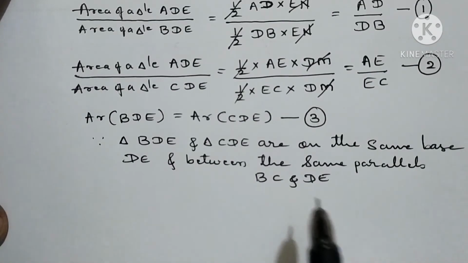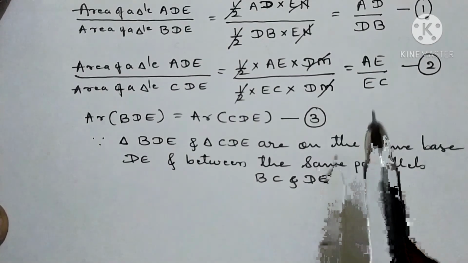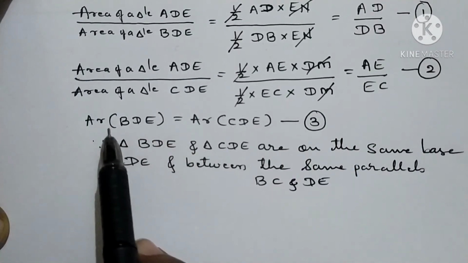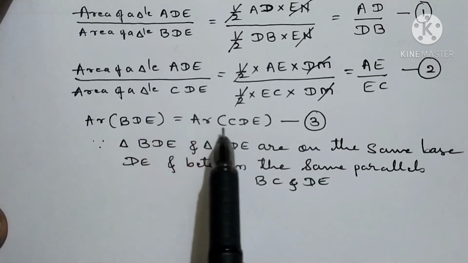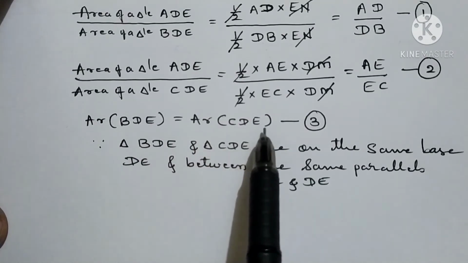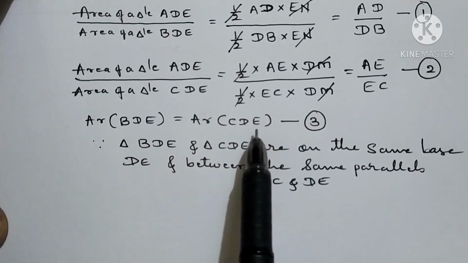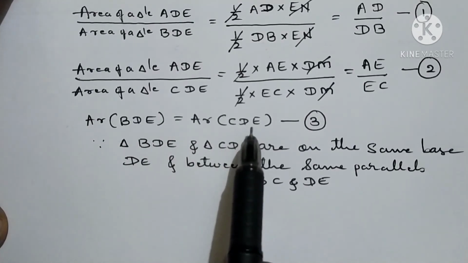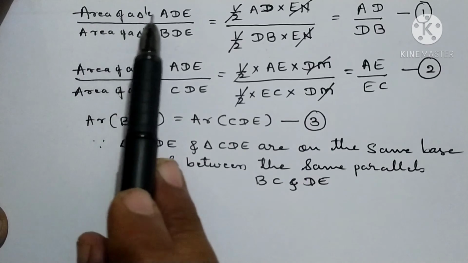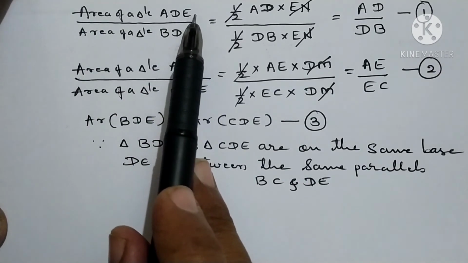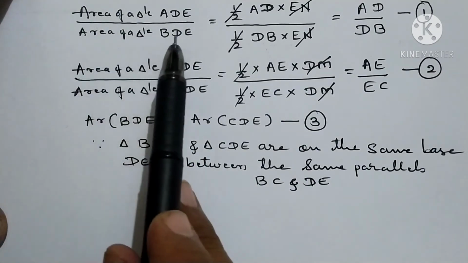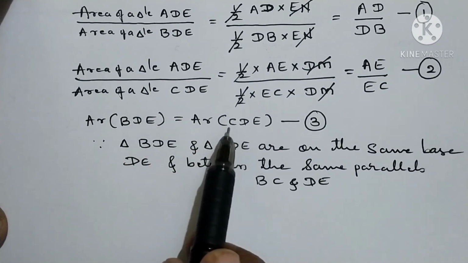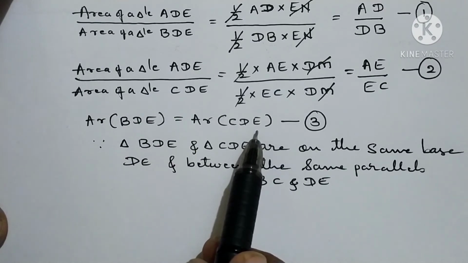Now see here from 1, 2 and 3. Now here you see area of triangle BDE is equal to area of triangle CDE. So here area of triangle ADE divided by area of triangle BDE, in place of BDE we can write area of triangle CDE.